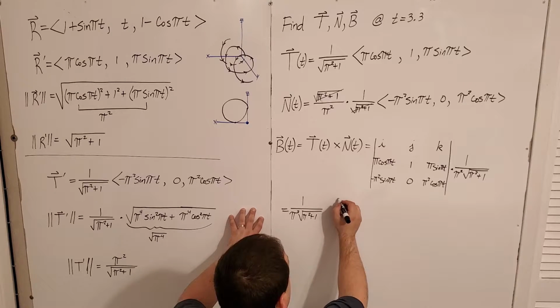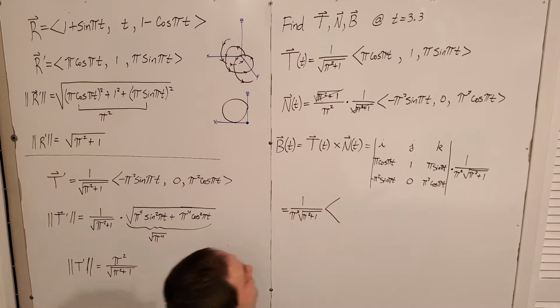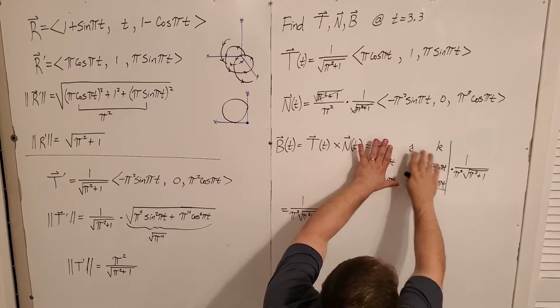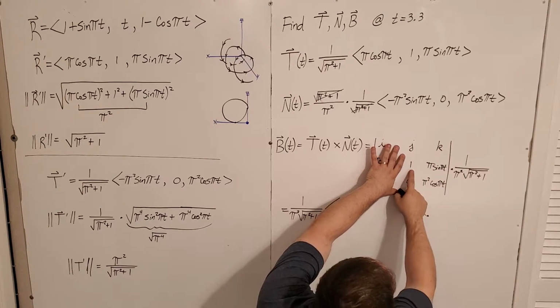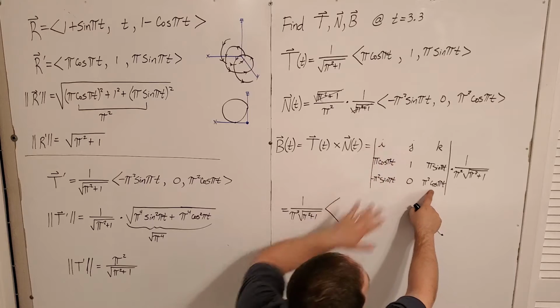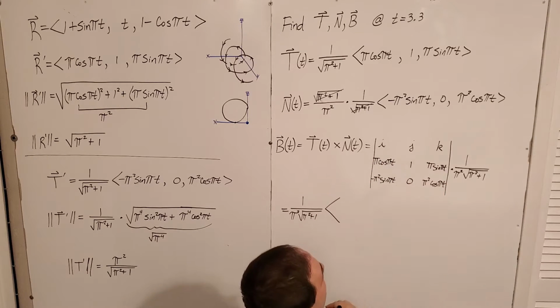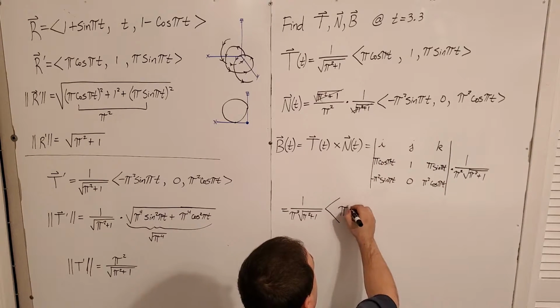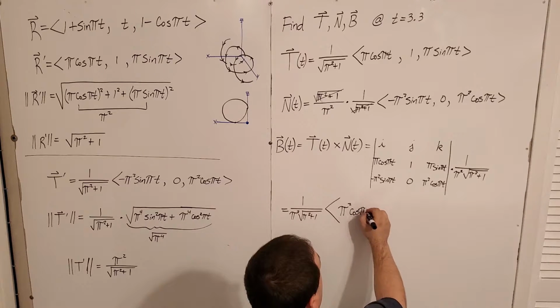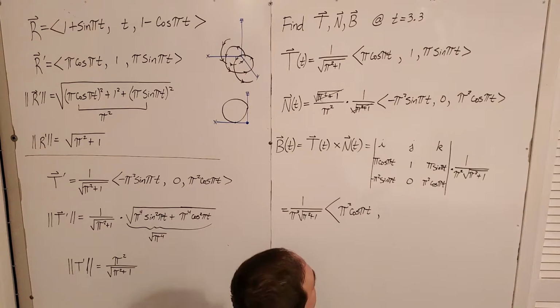Okay. Now, vector time. For the I component, I wipe these out, and I've got pi squared cosine pi t minus 0. So pi squared cosine pi t, it is.